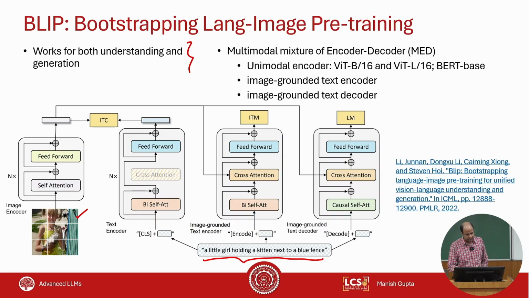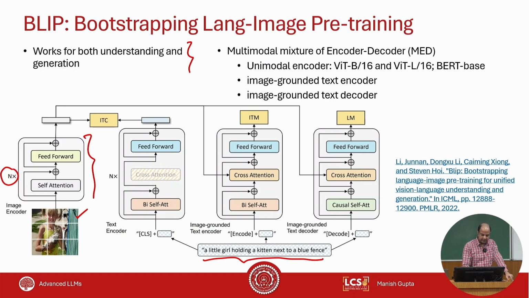You take the image, and the first tower is an image tower, literally like a ViT tower. You take the image, tile it out, and each tile is a token. You project the token and give it to multiple transformer encoder layers, which contain self-attention and feed forward. That's your image encoder tower. There's also a text encoder tower.